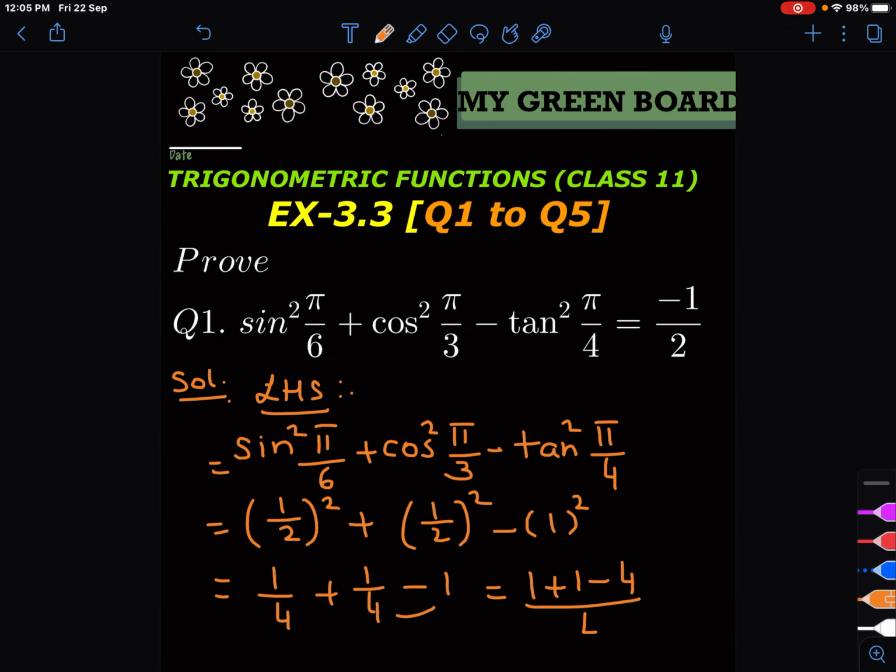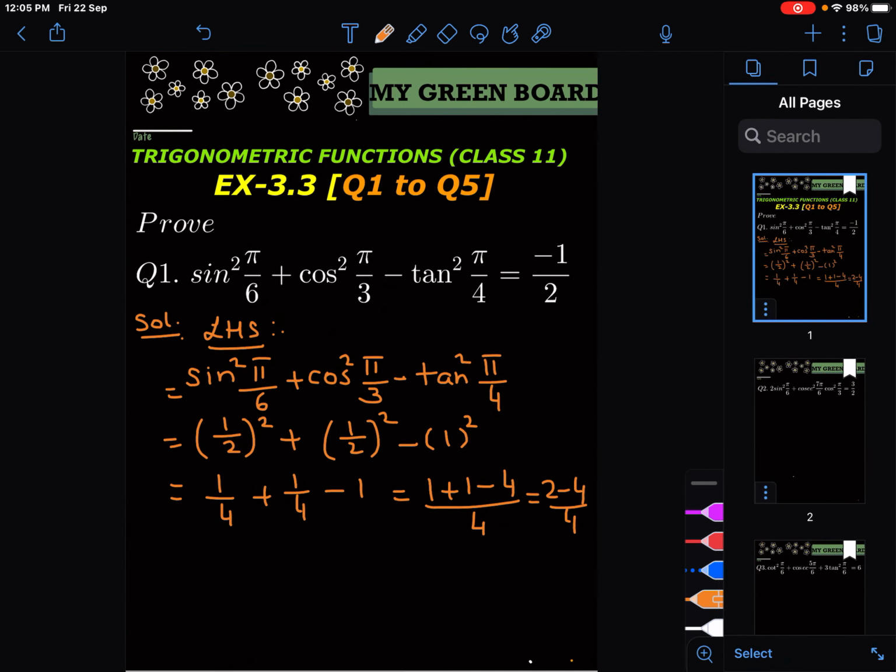So it will become 1 plus 1 minus 4, so it will become 2 minus 4 by 4. 2 minus 4 is minus 2, so it is minus 2 by 4, which is equal to minus 1 by 2. So here LHS is minus 1 by 2, which is equal to the RHS given here.